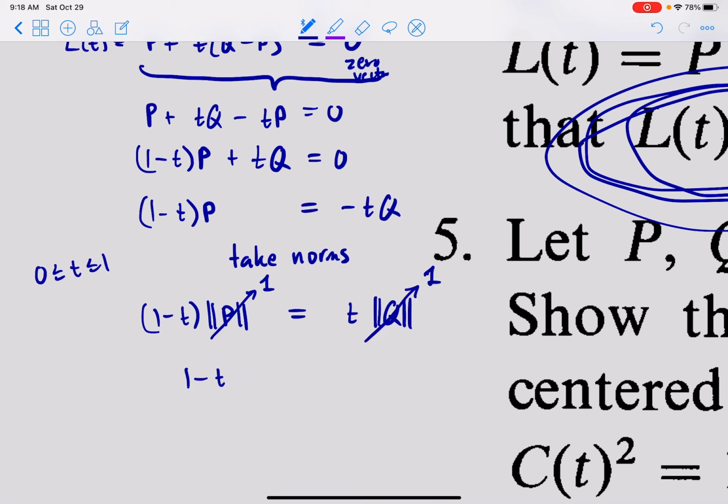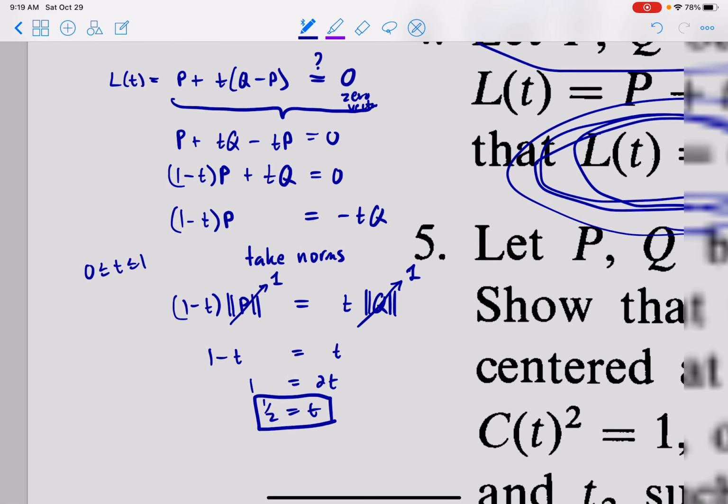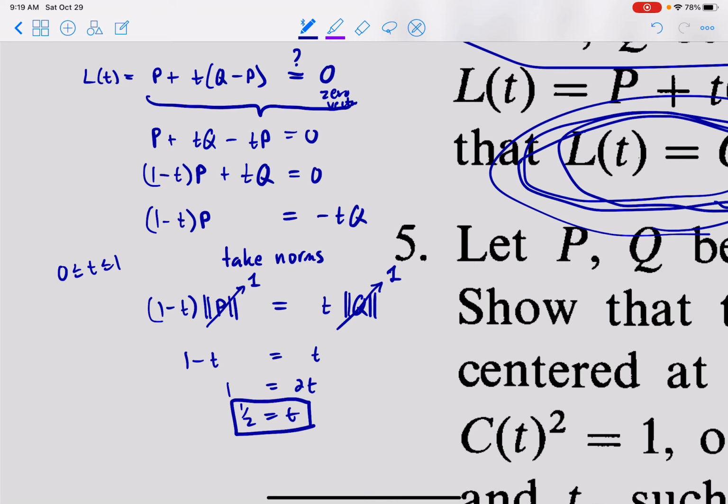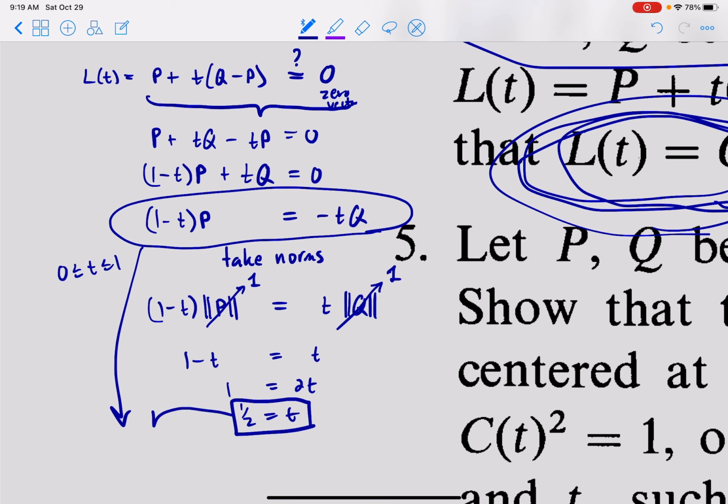And so now we see that 1 - t is equal to t, which means 1 = 2t, and 1/2 = t. Done. And now we just need to show that p is equal to -q. So back here, now that we know that t = 1/2, we get 1/2 p = -1/2 q.